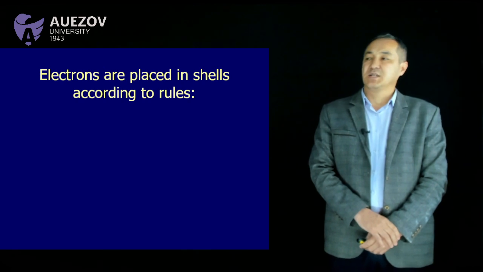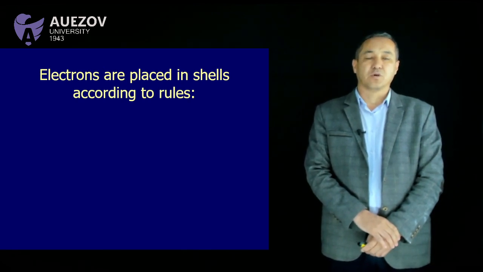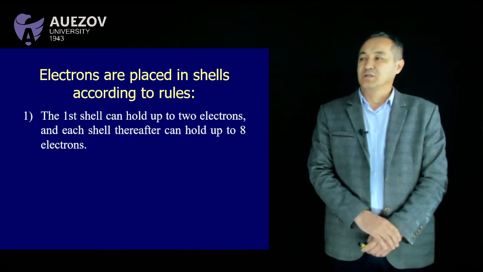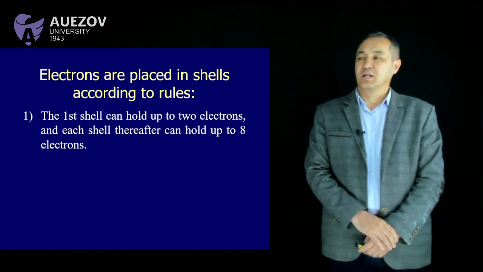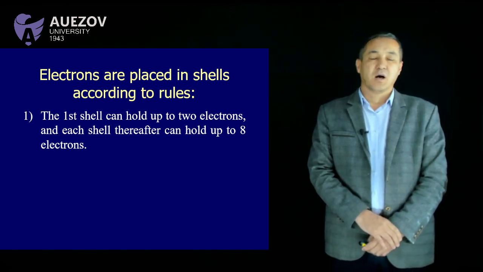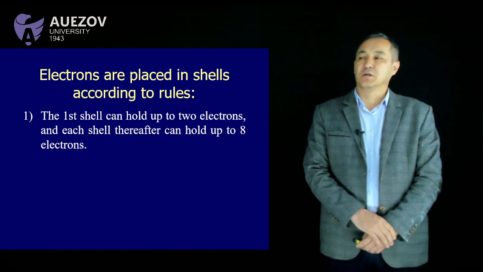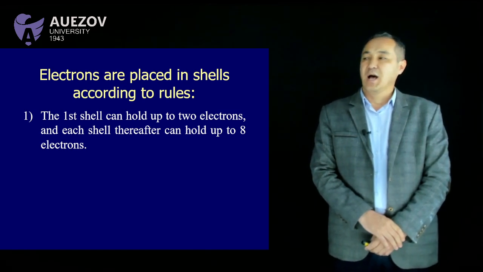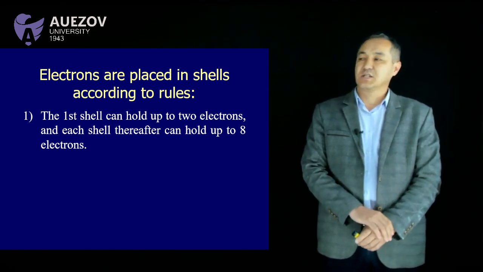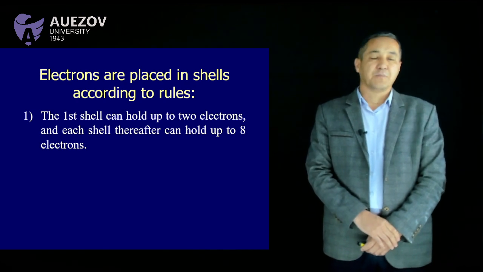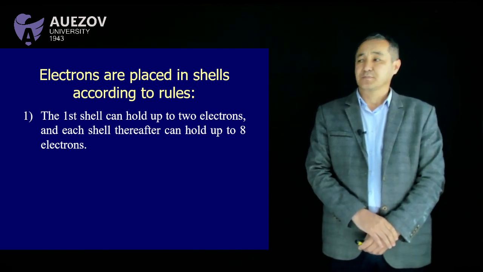Electrons are placed in shells according to rules. First, the first shell can hold up to 2 electrons, and each following shell can hold up to 8 electrons.